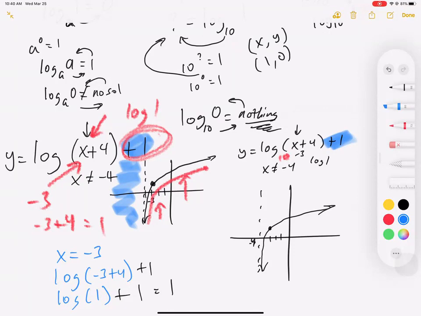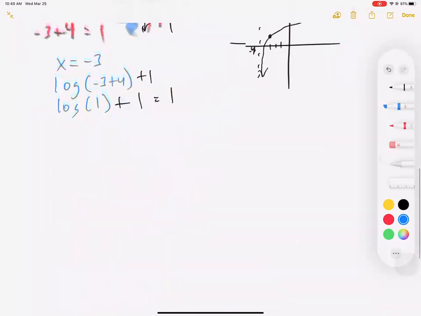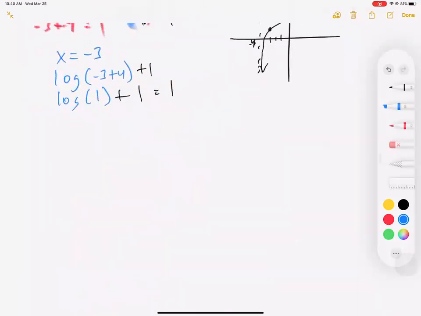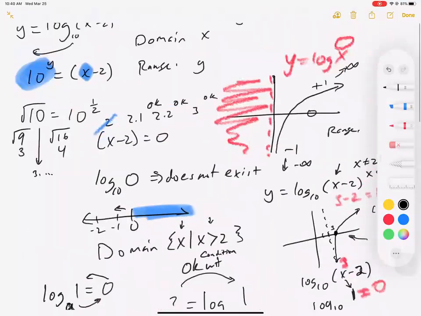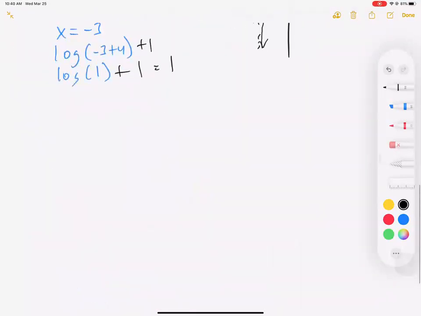Any questions here? We're going to go and do exponentials real quick. The example I had up here was y is equal to 3 to the x plus 1. One way you could do this is just start plugging in numbers.